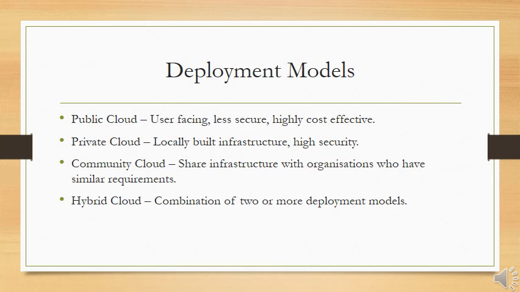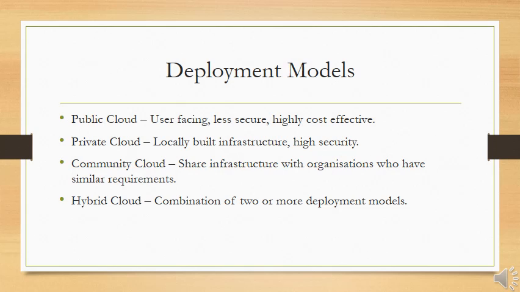So when we're looking at deployment models, there is the public cloud, which utilizes public network infrastructure and is accessible from any public system. So it has lower levels of security, but is highly cost effective because you have far less to pay for in terms of hardware.